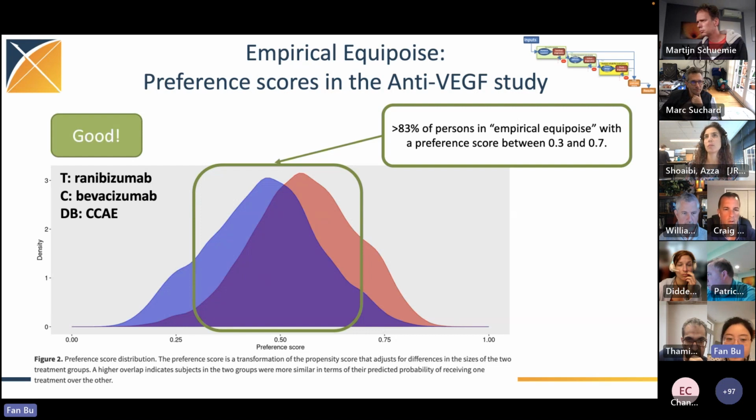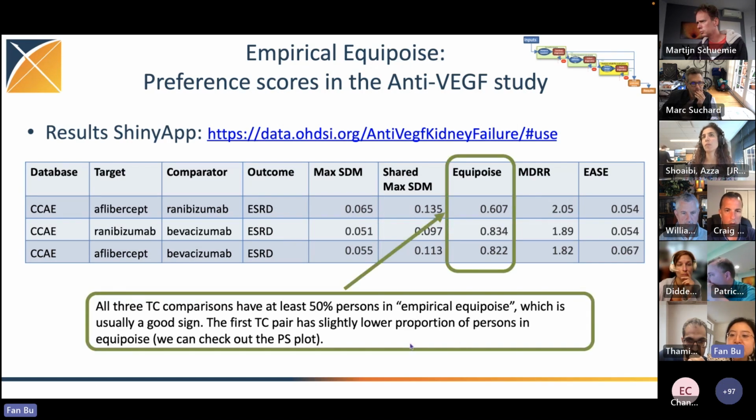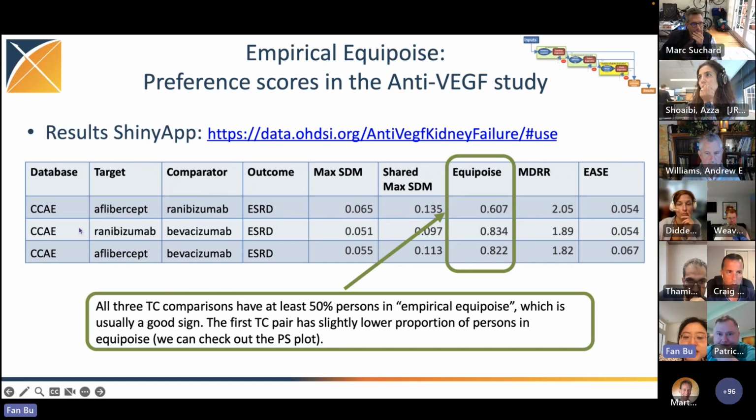So that is a good sign. And if we go back to the table that I copied on my previous slide, we see that in terms of the proportion of subjects in equipoise across the three comparisons from the CCAE database, we have really large numbers right here, in particular for the last two analyses.